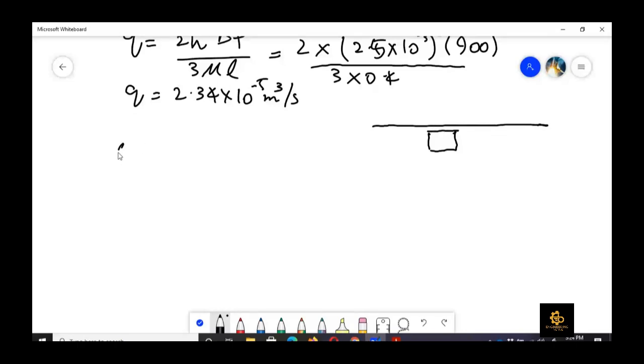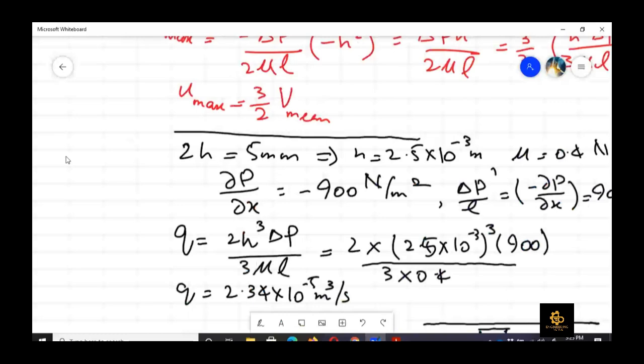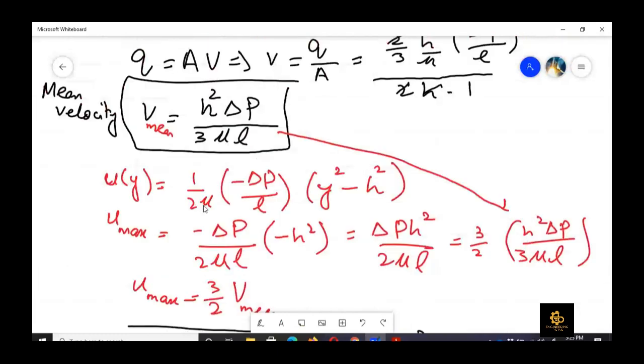If we want to calculate that, we know that tau xy is equal to mu into partial u by partial y plus partial v by partial x. Now we know how to calculate partial u by partial y in this case, because we know the formula for u: u is equal to 1 upon 2 mu into minus delta p by L into y square minus h square.